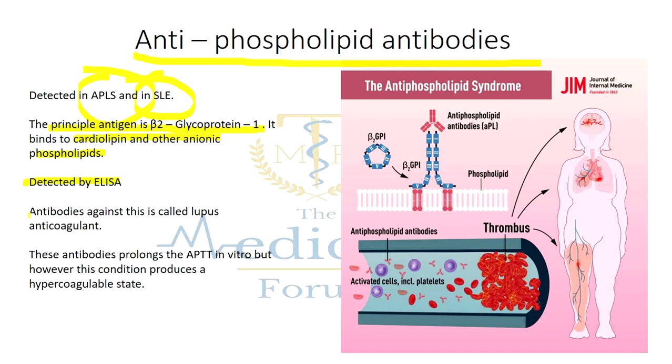Antibodies against this is called lupus anticoagulant. Man, why do we call it anticoagulant? Because it prolongs the APTT in vitro. But however, this condition produces a hypercoagulable state. This antigen-antibody complex somehow activates the cells, leading into thrombus involving deep vein thrombosis, pulmonary embolisms, and coronary artery disease and strokes.